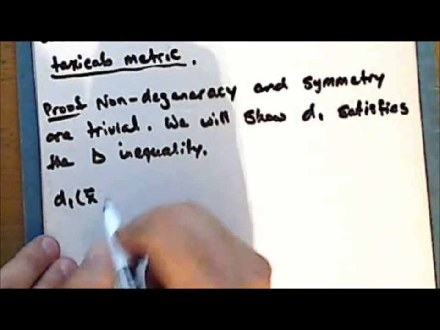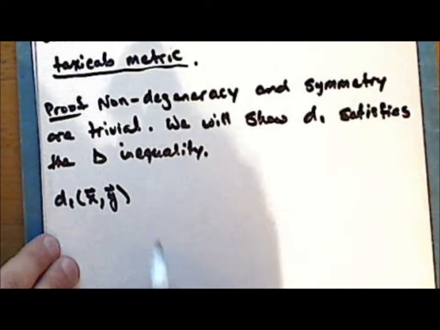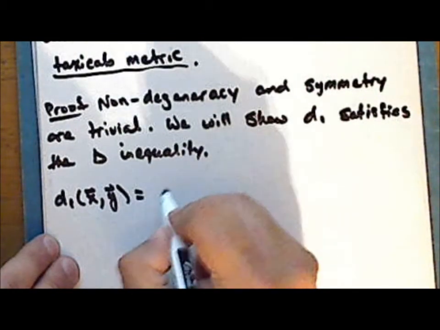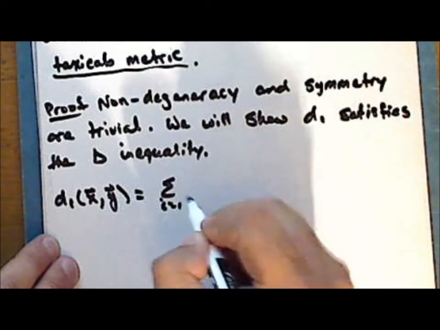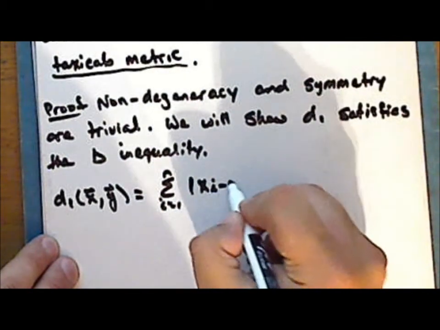The distance between x and y in the metric d sub 1, or d sub 1 of (x, y), is the sum from i equals 1 to n of the absolute value of x sub i minus y sub i.